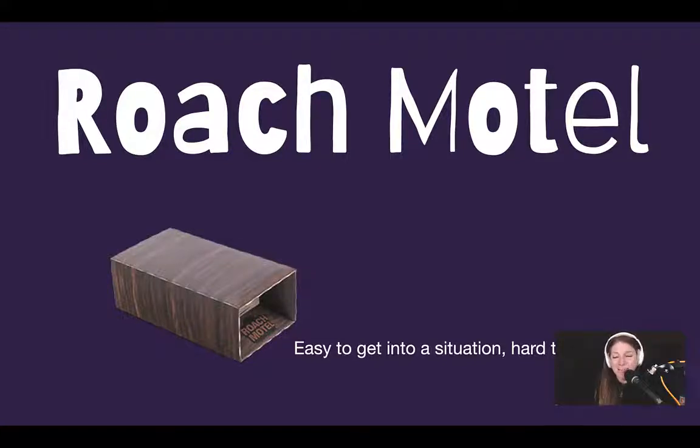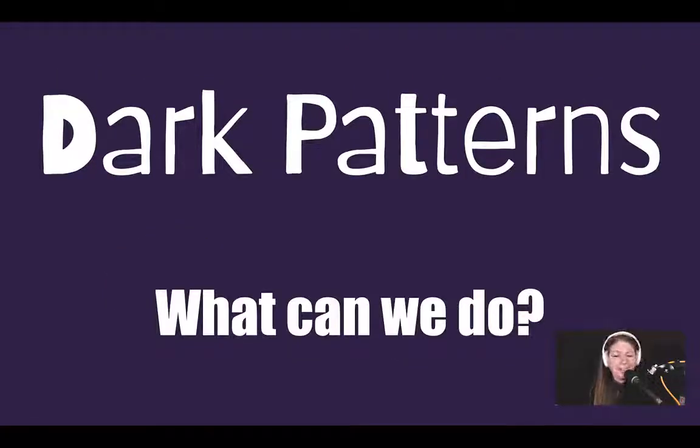So I thought this would be a really fun example and a really maybe well-known example. Like everyone uses Amazon or has heard of Amazon, just to kind of get us thinking about what are dark patterns. And so what can we do? What are we left with, right? The goal of this talk is not to rant.